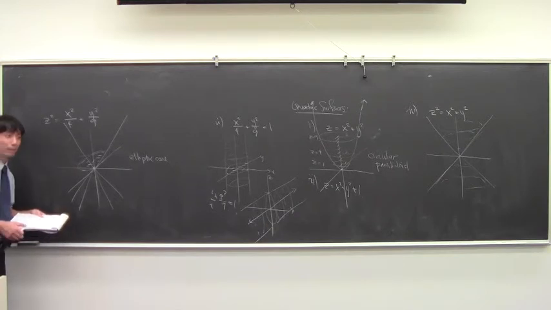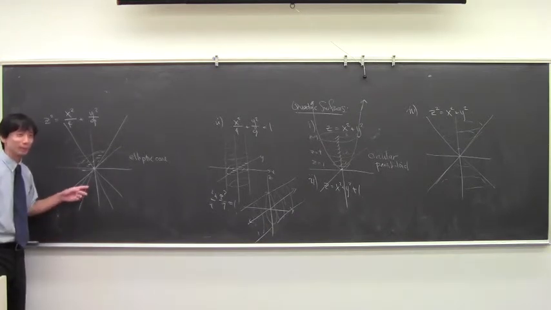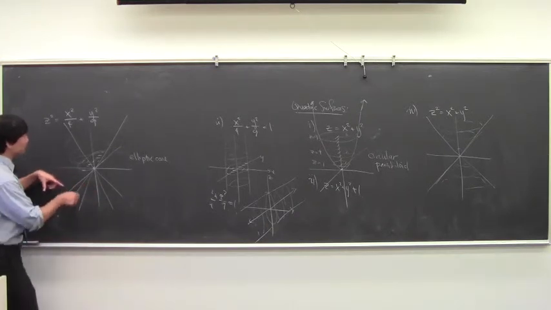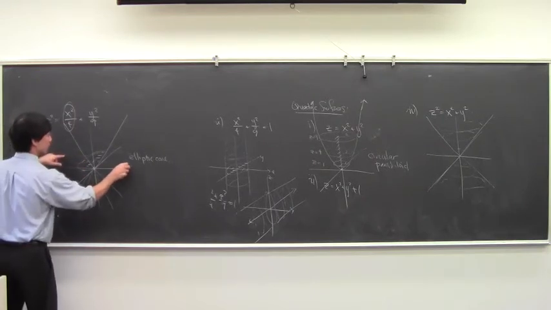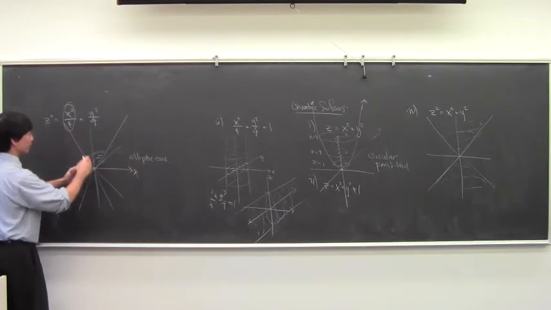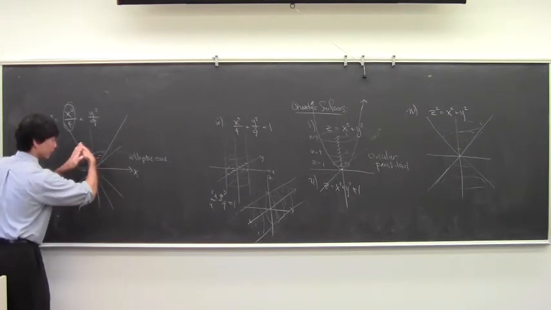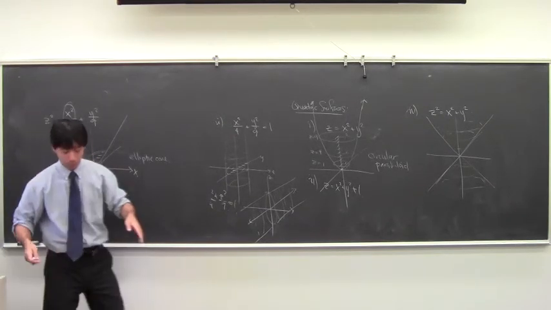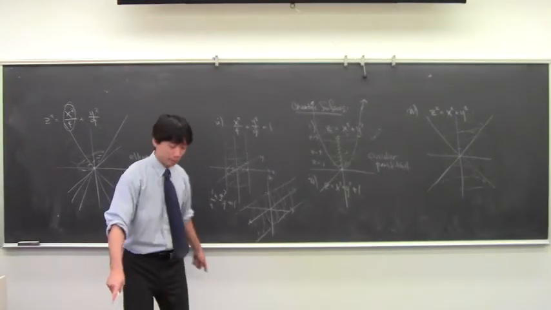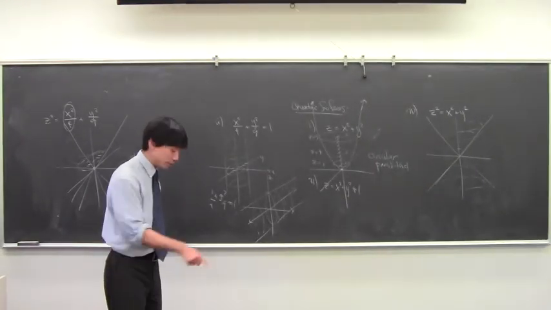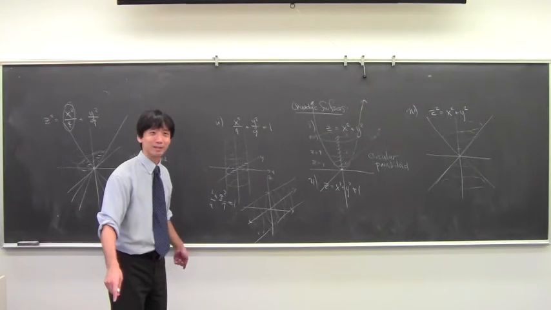Maybe you can't see what I'm drawing here, but along the x-axis, there's a narrow thing like this. Along the y-axis, there's a wider thing like this. So there's a narrow guy, and then a wider guy, and then at each height there are ellipses.